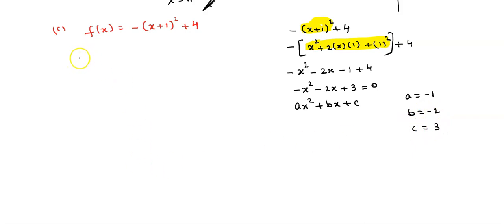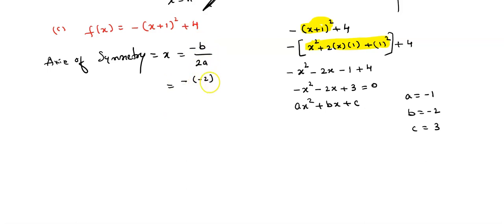We know that to find the axis of symmetry, we have the formula x is equal to minus b by 2a. That is minus the value of b, which is minus 2, by 2 into the value of a, which is minus 1. Then minus into minus is plus 2 by... just a minute, actually what should be the standard form?